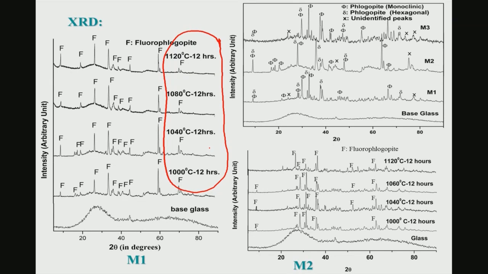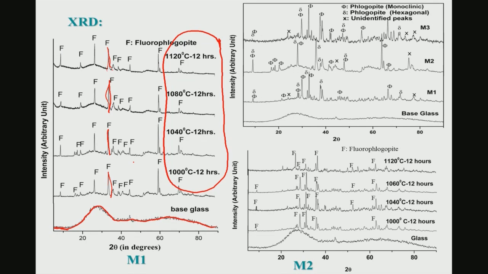Depending on the temperature at which you hold it for 12 hours, what you see is that initially the glass has a very large hump, and this hump is characteristic of any amorphous material: it does not have any sharp peak, but rather a very broad hump, and this shows the disordered glass. Now, when you crystallize or ceramize at 1000 degrees Celsius, you see all these characteristic fluorophlogopite peaks, which are rather sharp, and that shows that crystalline fluorophlogopite starts appearing.